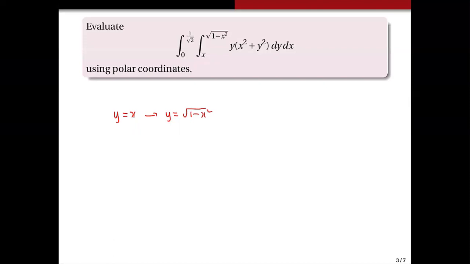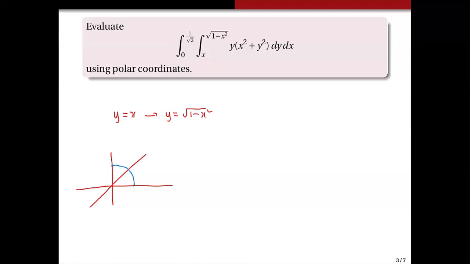Okay? So if we try to draw those functions, you will have the line here, y equals x, and then we will have, say, this is your 1, this is 1 here, and then we will have here part of the semicircle.